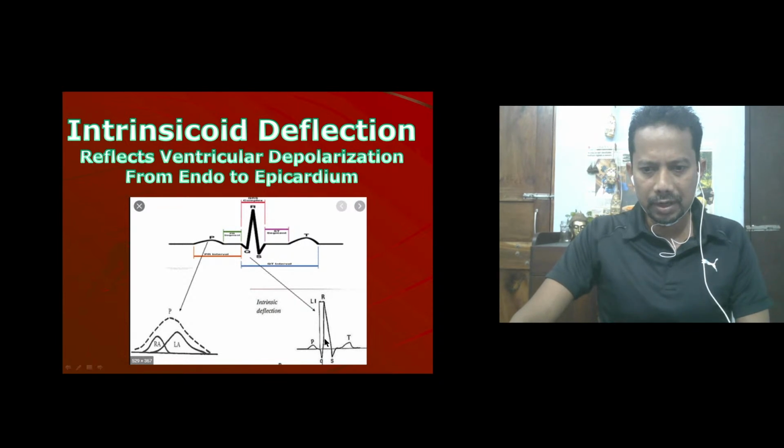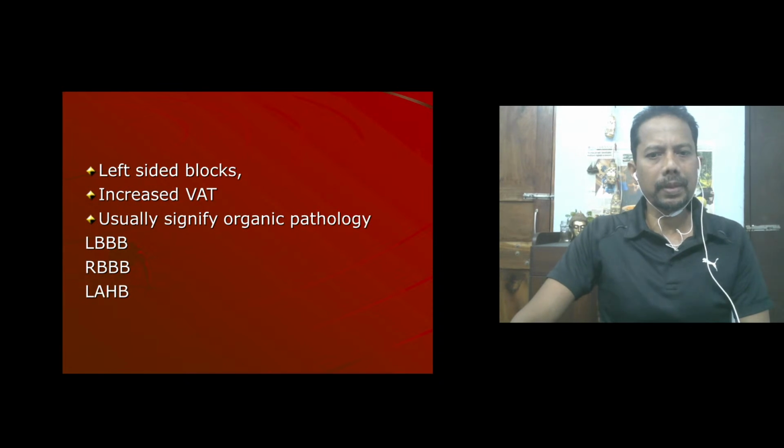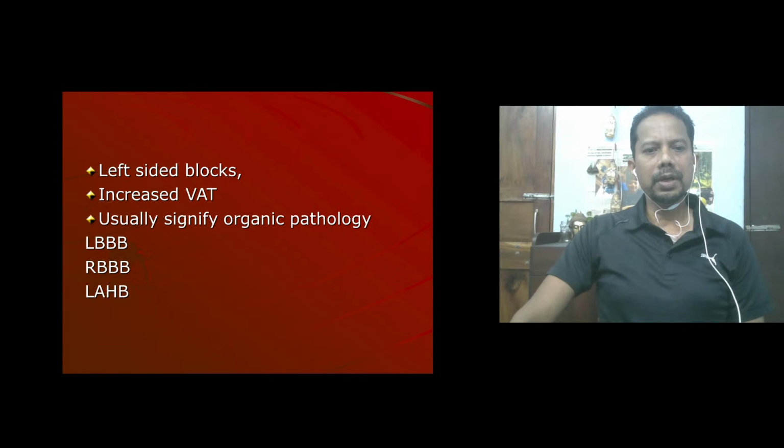Now out here VAT looks okay because it is symmetrically going up and symmetrically coming down. When the angle of the R wave going up is steep like this, and then it comes down like this, this is increased VAT. Okay. So this we have already discussed. In left sided blocks, you look at the VAT, ventricular activation time, whether it is increased or not increased.